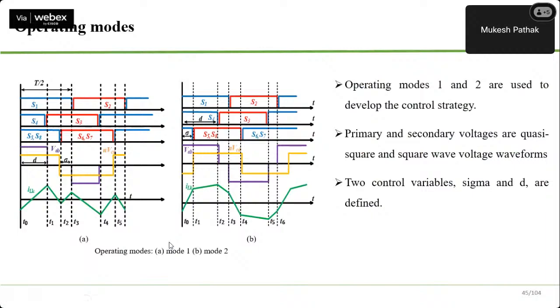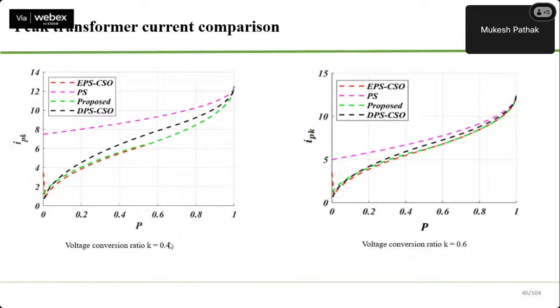These are the two modes of operation. Operating modes 1 and 2 are used to develop the control. Primary and secondary voltages are square waves, and the two control variables are sigma and D. Those are defined here.